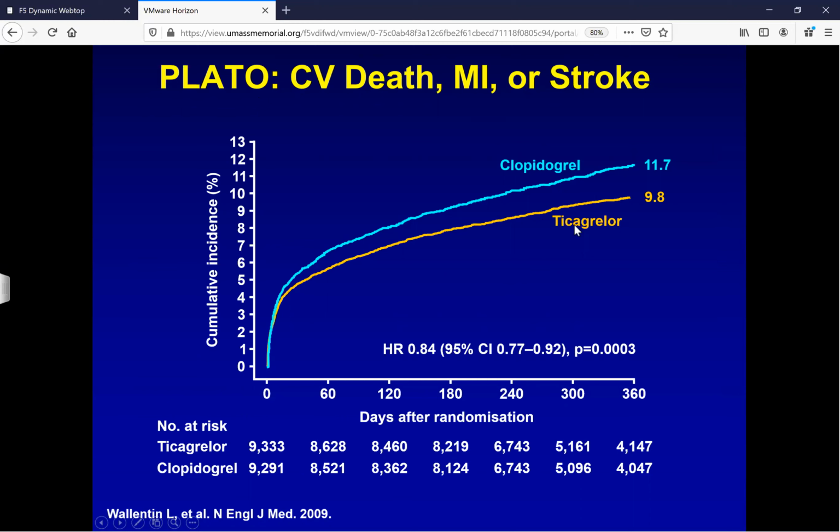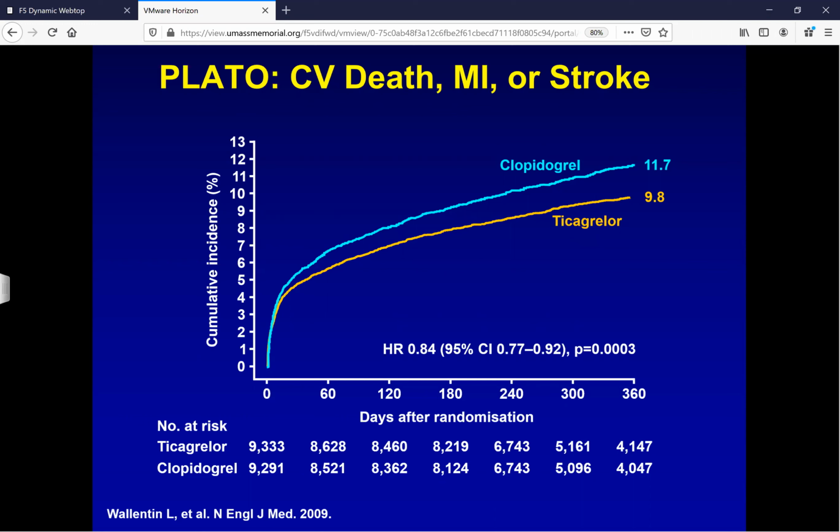Just for the board's sake, they also found that the patients who underwent CABG had higher bleeding in the TRITON 38. So they might sometimes ask this on the boards that what type of bleeding goes up. So it's the CABG related bleeding. Non-CABG related bleeding was not different in that.